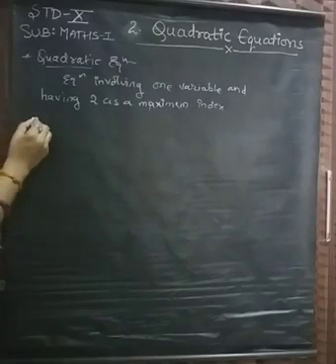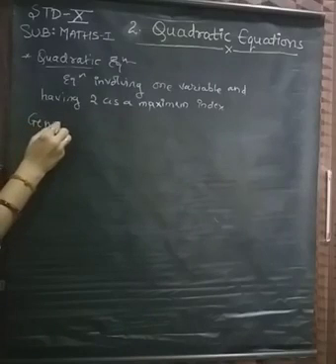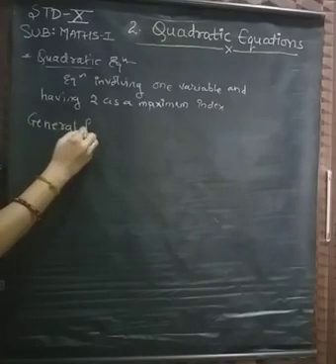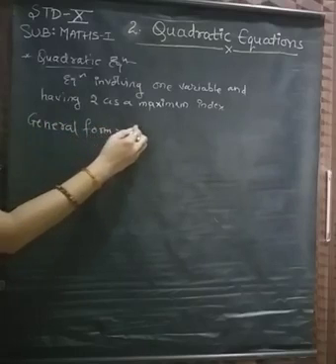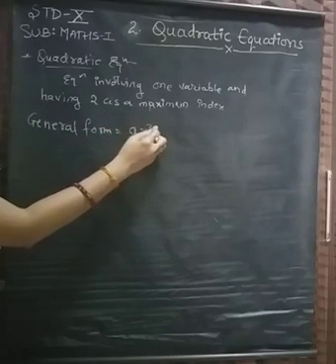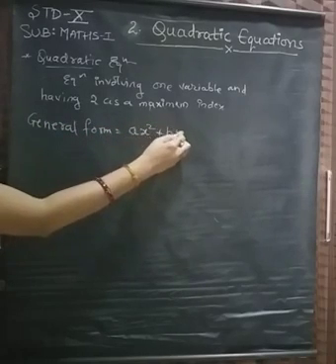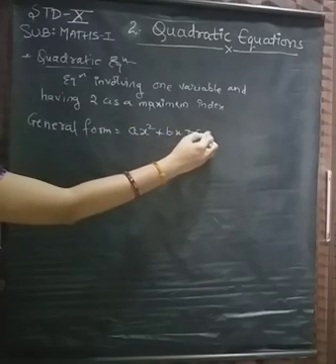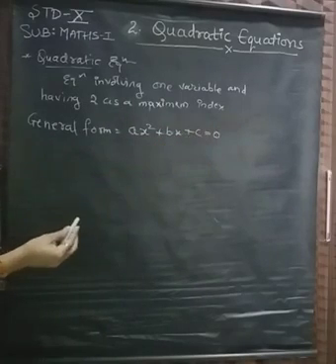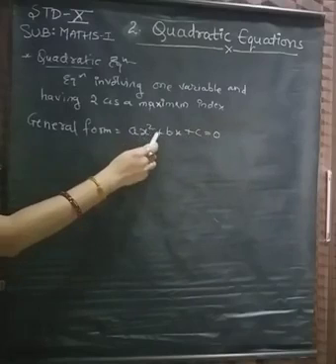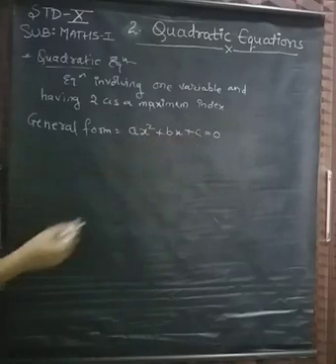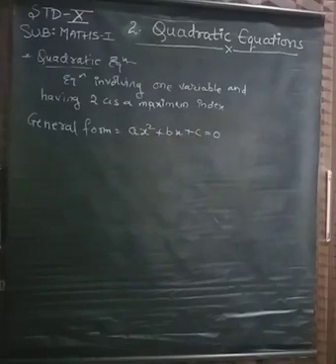The general form of this equation is ax square plus bx plus c equals to 0. Clear?